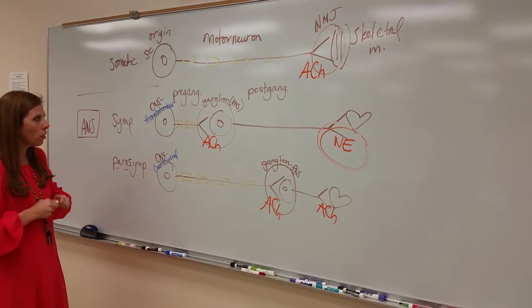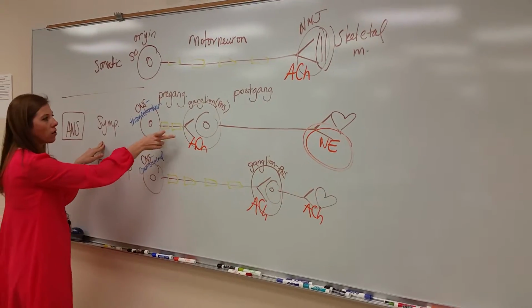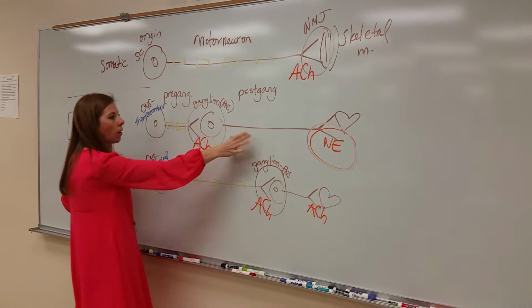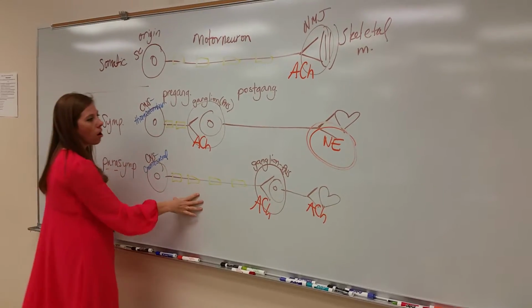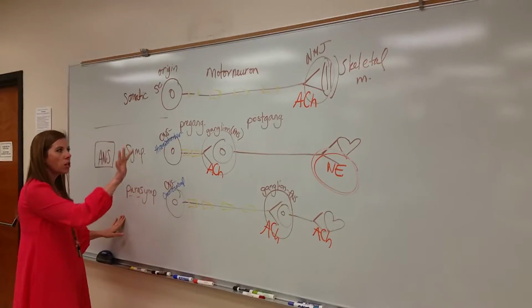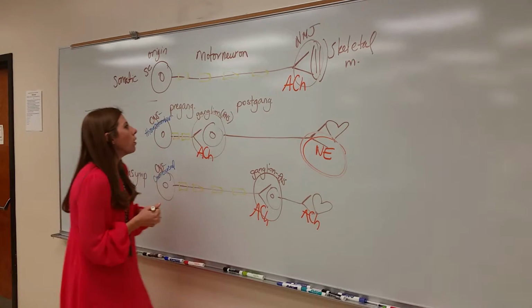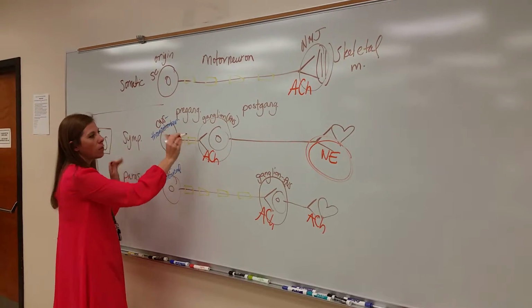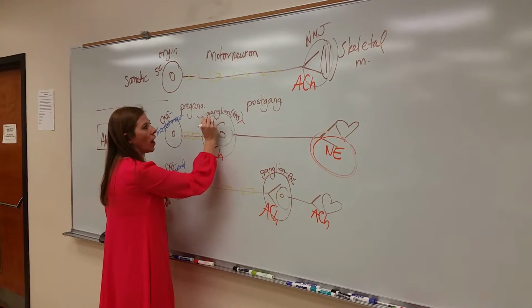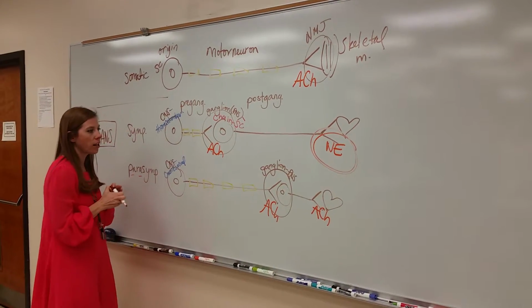You also will learn that the relative lengths are different. Sympathetic has the short preganglionic, long postganglionic. Parasympathetic has the long preganglionic, short postganglionic. The location of the ganglion is also slightly different. For the sympathetic, this creates that chain close to the spinal cord, the sympathetic chain.